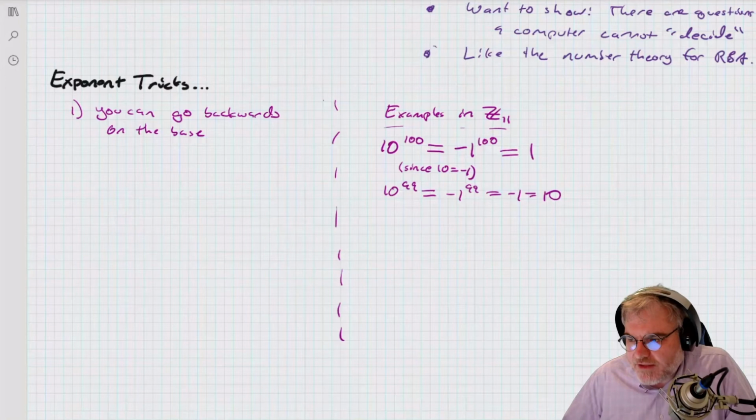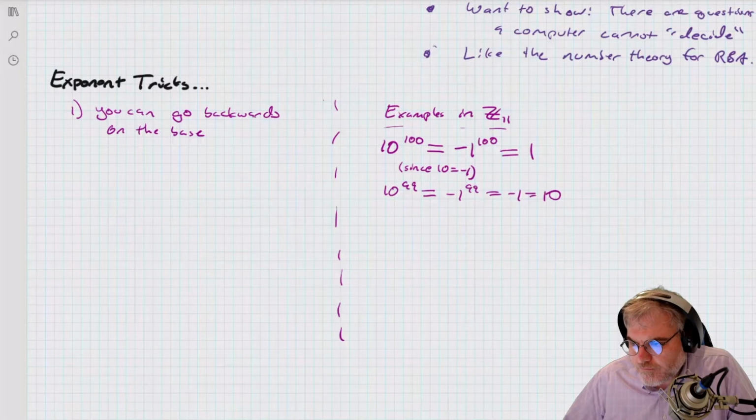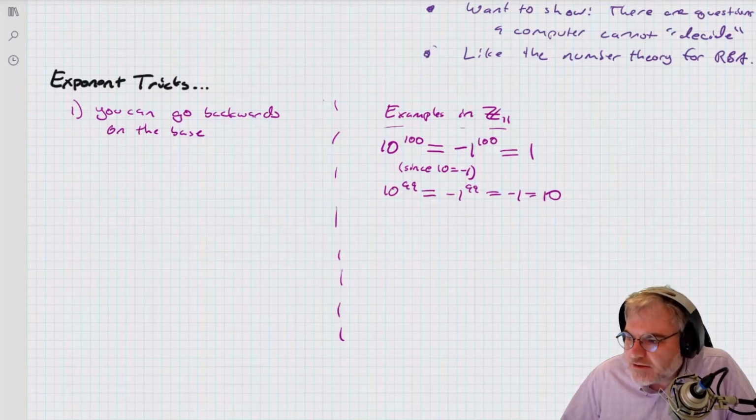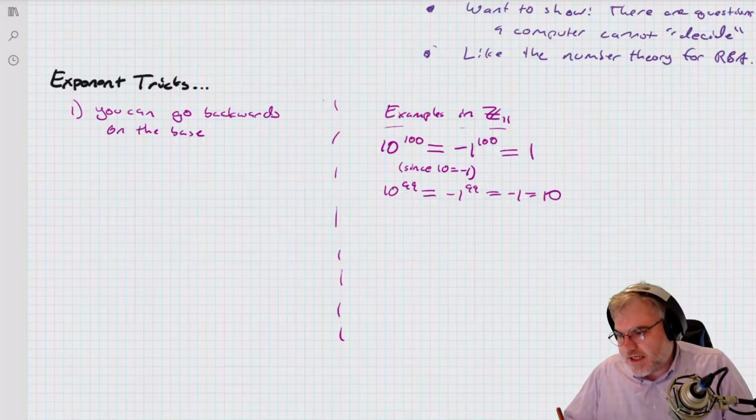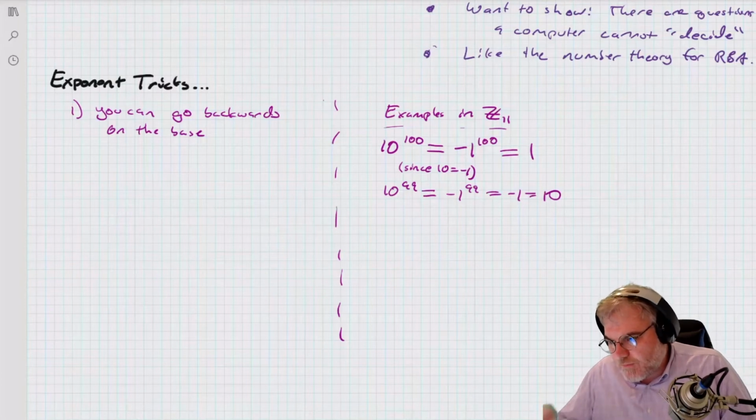How do we feel about that? I know -1 to the 99 is -1 because -1 times -1 is 1, times -1 is -1 again, times -1 is 1.